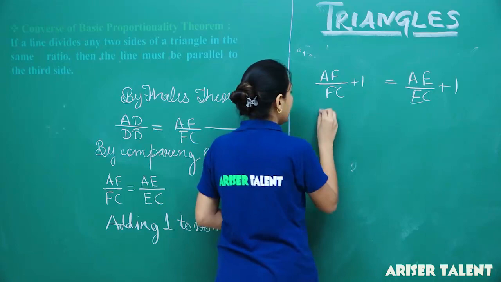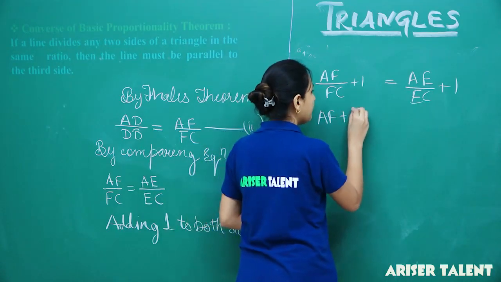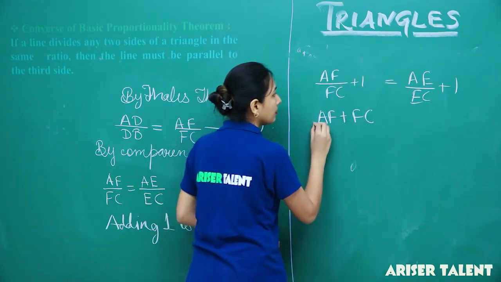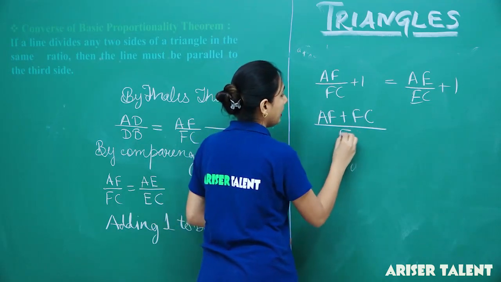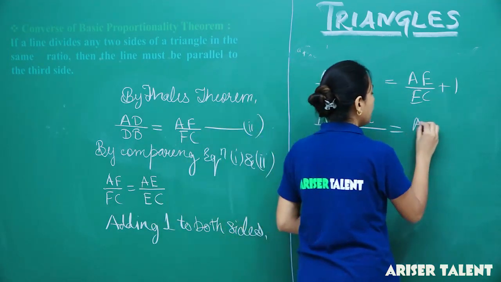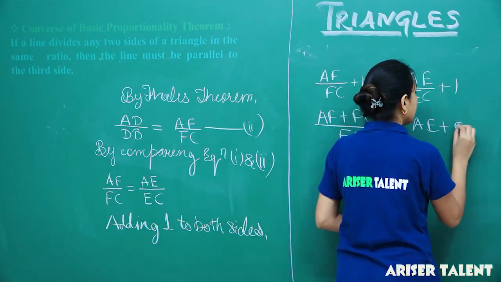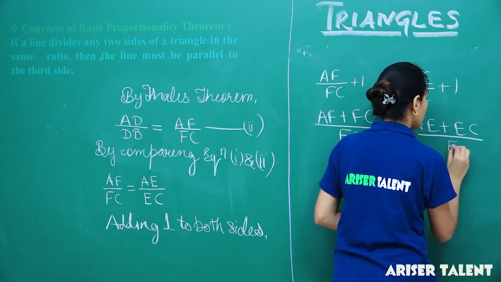Now AF plus FC upon FC equals AE plus EC upon EC.